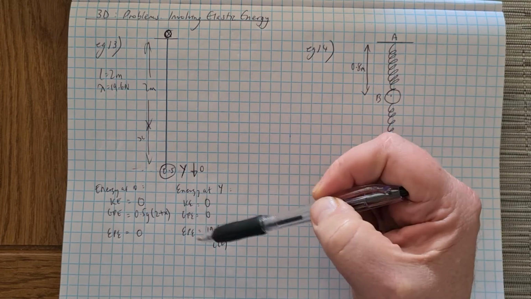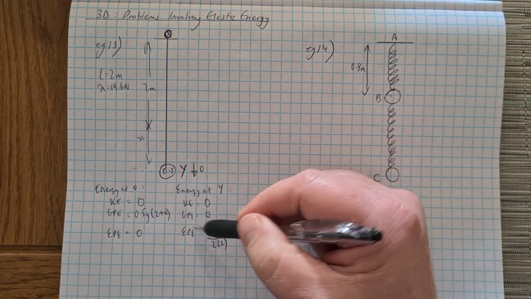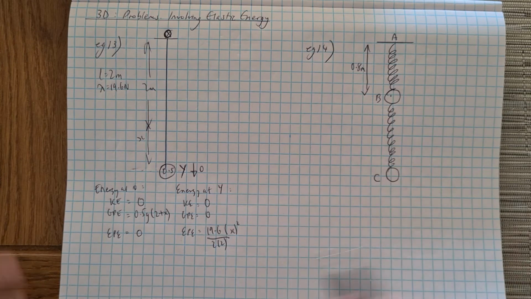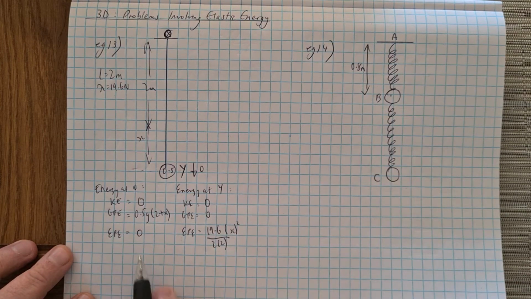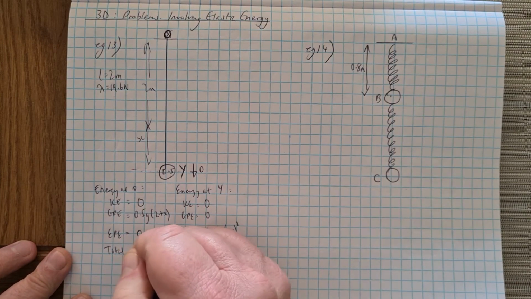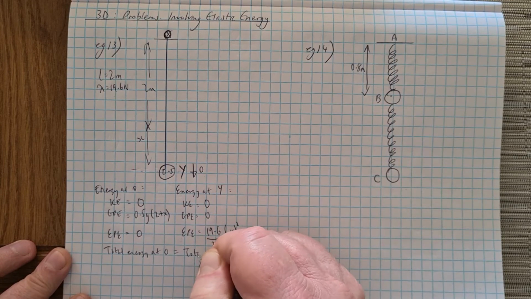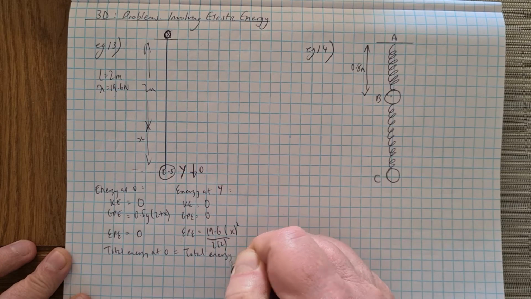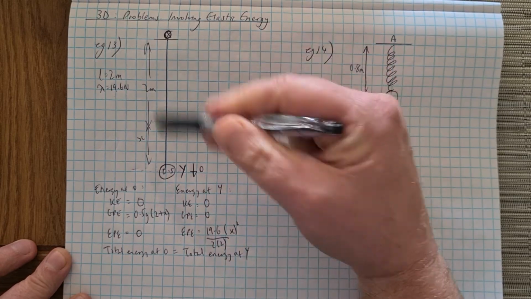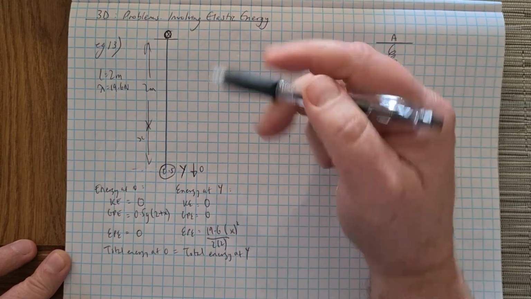That is correct for this question, the elastic potential energy gained in the string, but I would just say the total energy at O is going to equal the total energy at Y, because there is no work done by any external forces.